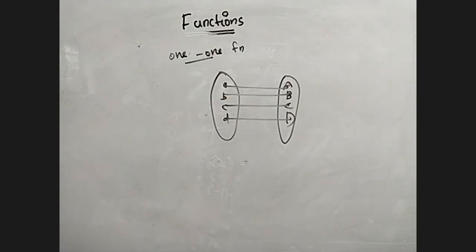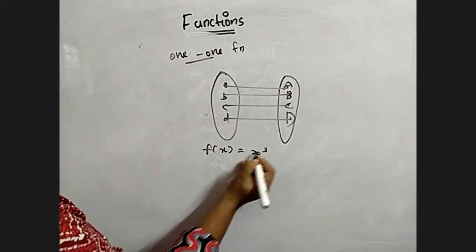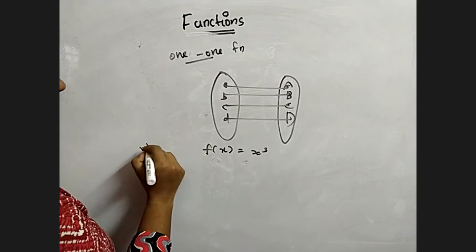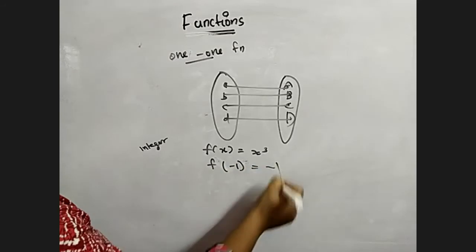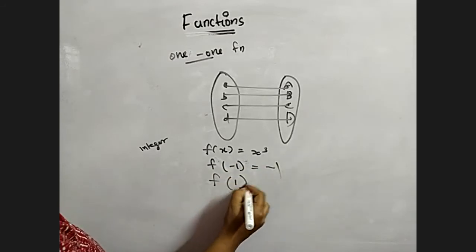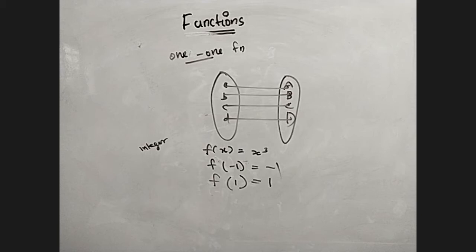Understood? Like I can say f of x is equal to x cube, defined on integers. And f of minus 1 is what? Minus 1. f of positive 1 is positive 1. So I'm having different answers, no? So this is an example for one-one function.